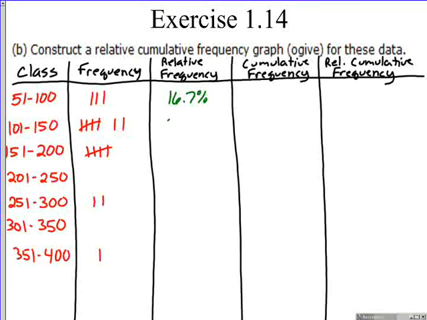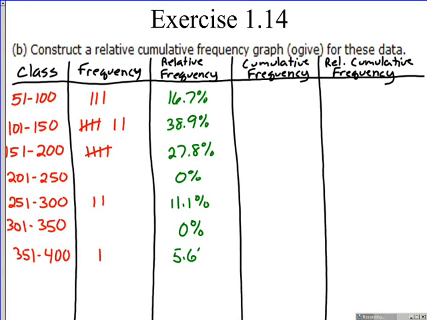Next group, 38.9%. Next group, 27.8%. 0%, 11.1%, 0%, and 5.6%.